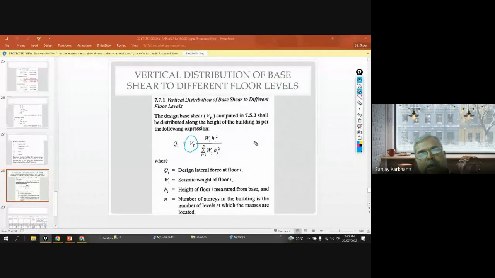So I will say W1 H1 square plus W2 H2 square plus W3 H3 square, like that. So that is your quadratic distribution.